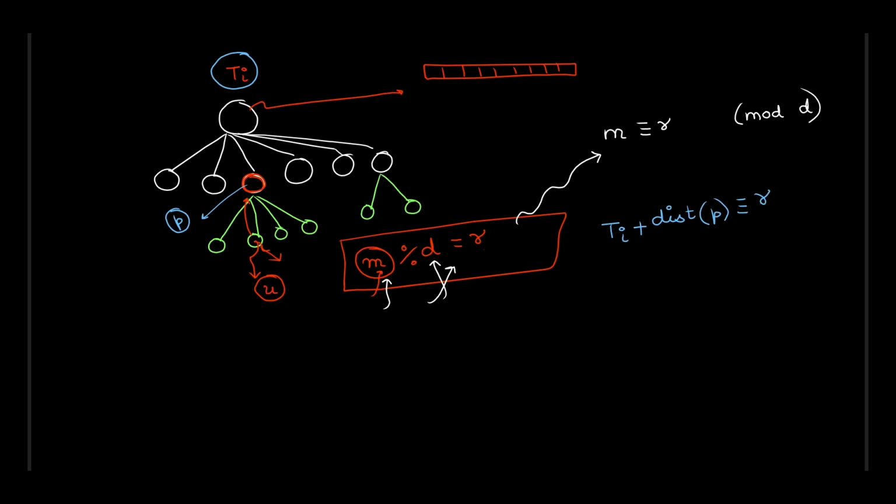Now notice that this r is unknown because each child will have a different r, right? This is 0, this is 1, this is 2 and so on. But now notice that you can actually do arithmetic on this because this distance of p is fixed. So you can write it equivalently as ti is congruent to r minus distance of p.